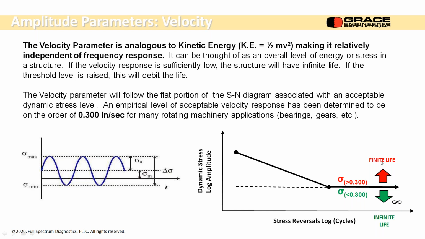So here's my criteria now. Now, why is this important? This flat part of the curve is velocity. It's an energy level. It's not related to frequency, and it's flat. So if my frequency is 1800 RPM, I have to worry about 0.3 inches per second. If my frequency is 5400 RPM, same thing.